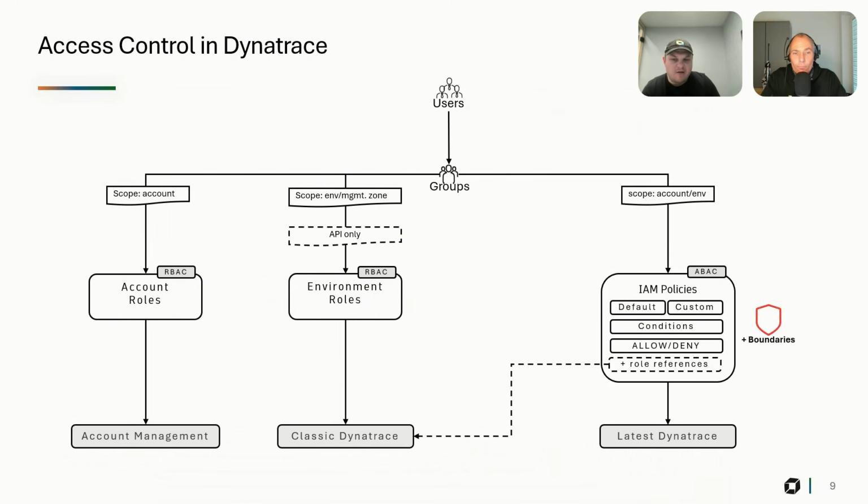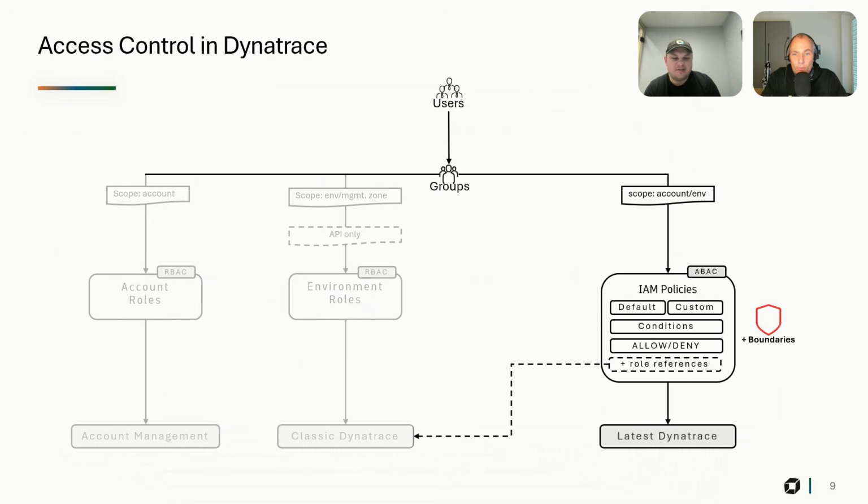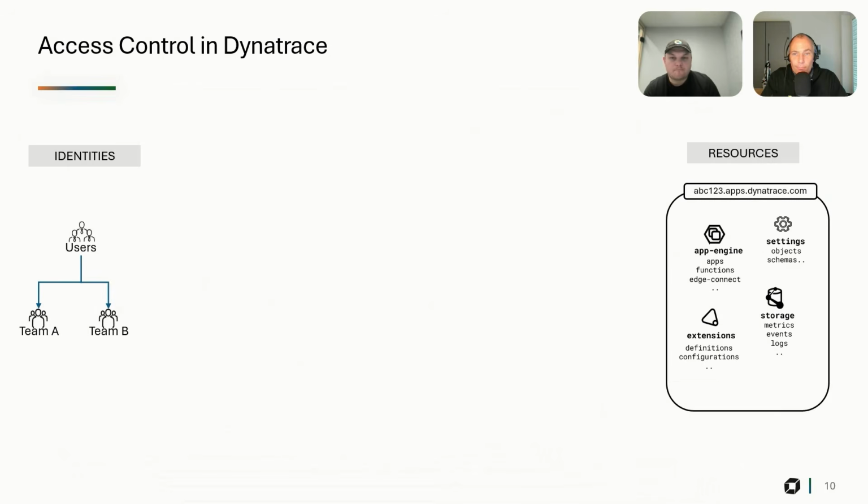The roles are still relevant to access account management and the classic one, but the future, and all the features and all the granularity and all the important things that are necessary in today's world to do an efficient job, is all in policies, and that's also what we are talking about in detail today.